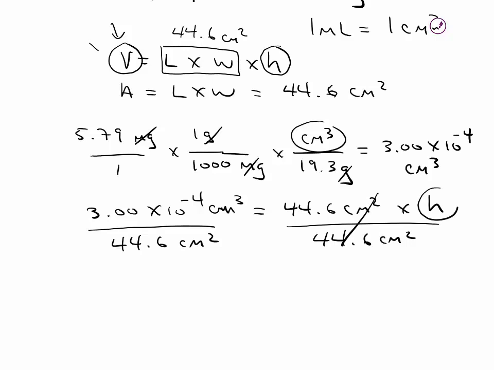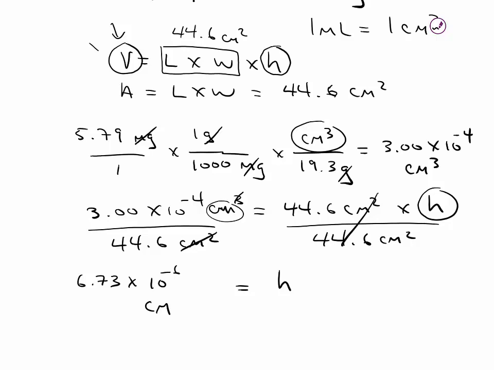So over here we're going to solve for h, and when I do my division here, my answer that I got is 6.73 times 10 to the negative 6 centimeters, because the centimeters squared cancels here, centimeters cubed cancel, leaving us with the centimeters in the numerator.